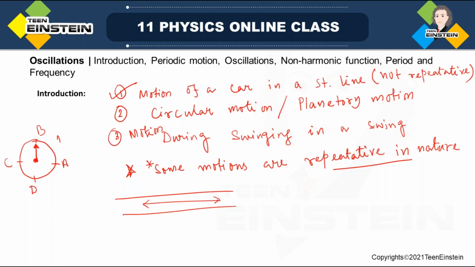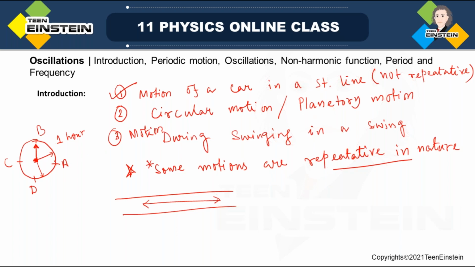So the definite interval is 1 hour. Again, if I take the second hand, it will take 60 seconds to repeat its motion.